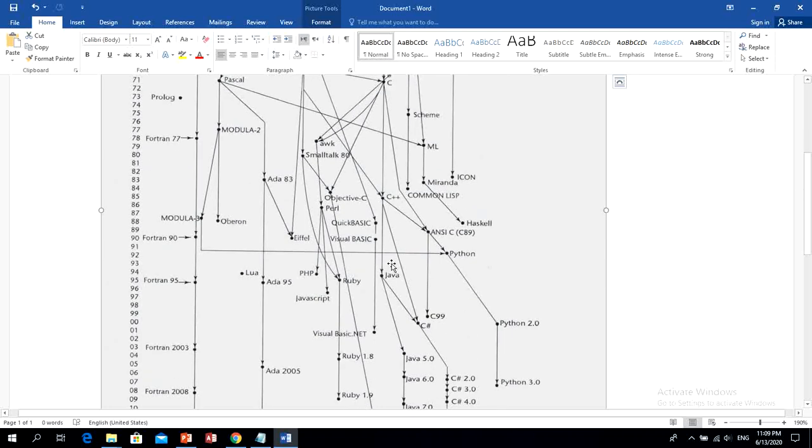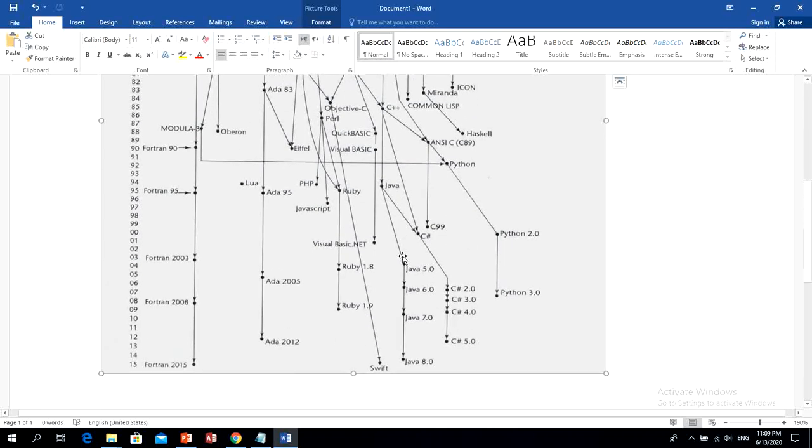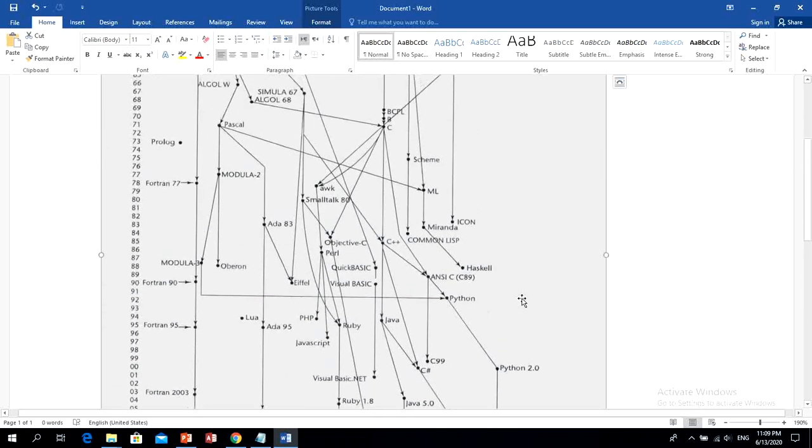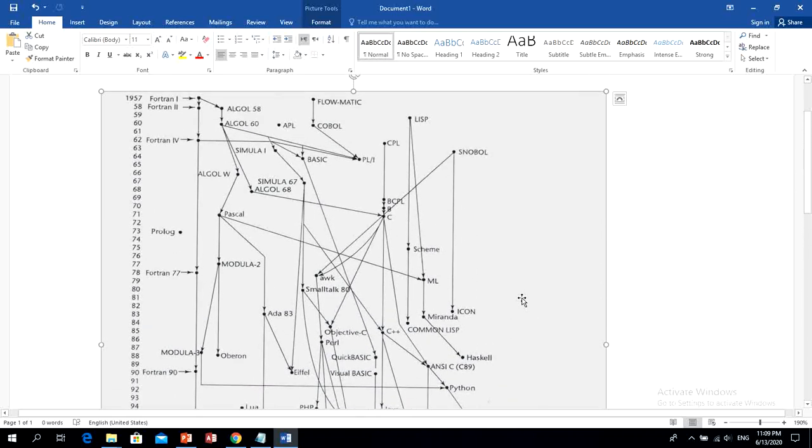So this is a list of a lot of languages, more than what we're going to talk about in this chapter. They are all listed here in this image to show you when every language was created, just to give you an idea of the timing or the historical background of them.